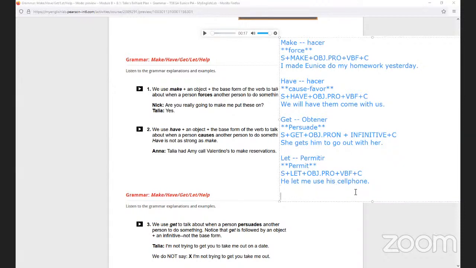And finally, we have the verb help. With this verb, as we know the meaning, we are gonna use it in two ways, okay? We're gonna use it this first way: help plus the object pronoun plus the verb in base form plus the complement.